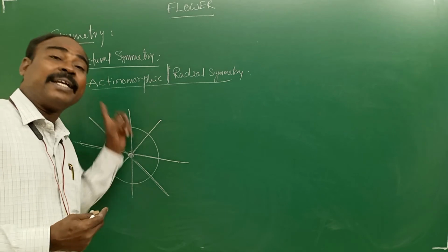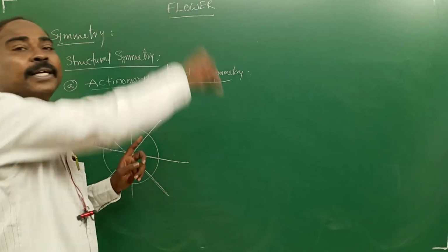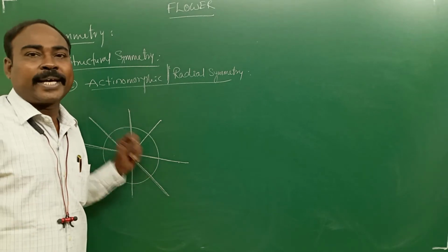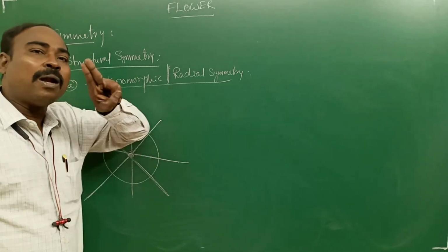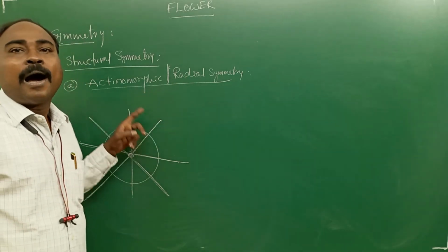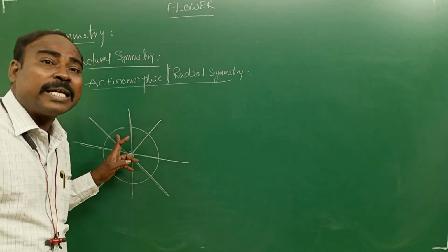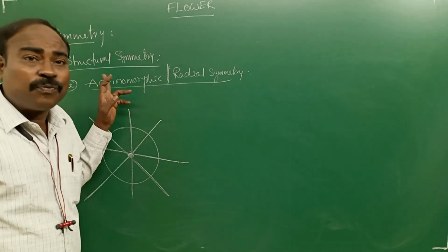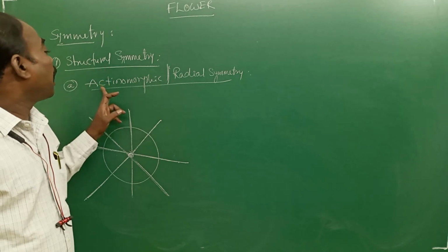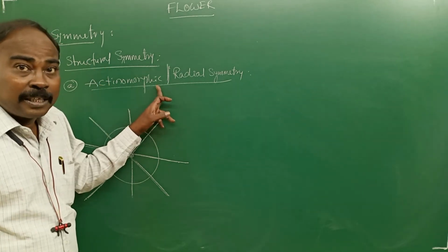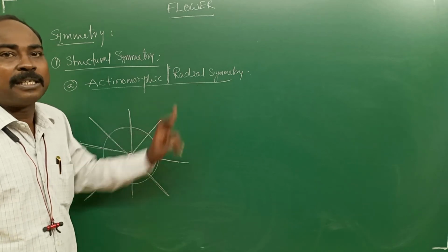So listen carefully: a flower which can be cut into two equal halves at any vertical plane passing through its center, such flowers are technically termed actinomorphic flowers. The symmetry exhibited by these flowers is said to be radial symmetry.